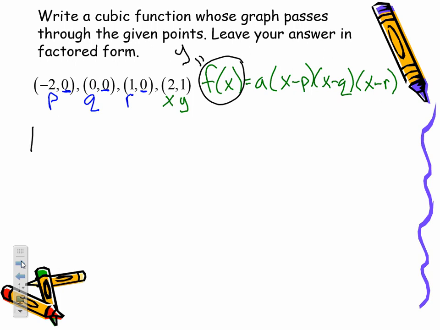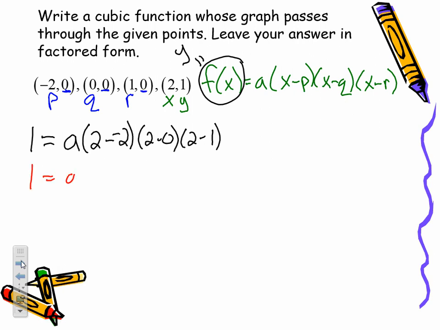So my y is 1. So 1 equals a, I don't know. X is 2. And over here, minus a -2. 2 minus 0. And 2 minus 1. Now we're going to simplify these, so I get 1 equals a.